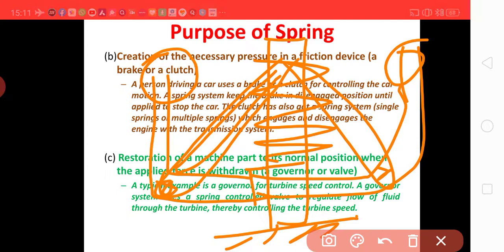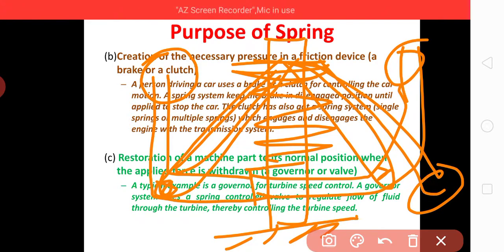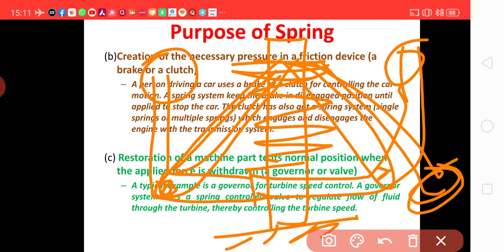This is used for regulating the speed of an engine. Basically, when the engine is running, this portion is connected to the fuel control device, the fuel pump. You can see now, just for a rough example, I am telling you.